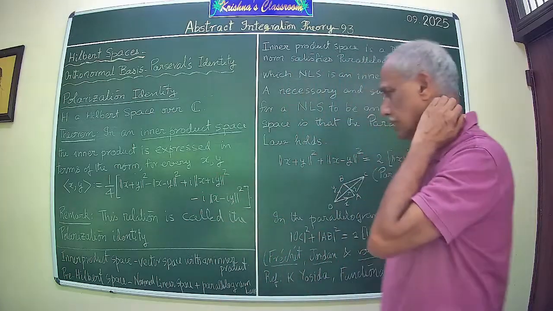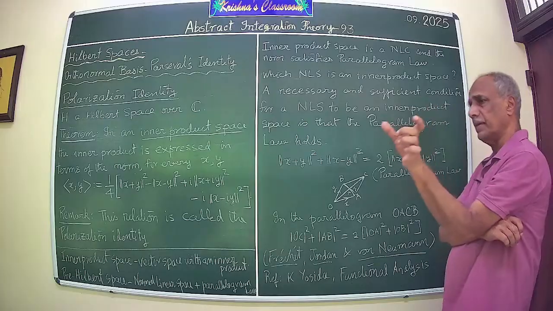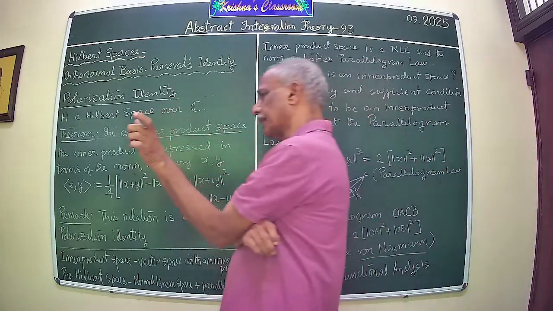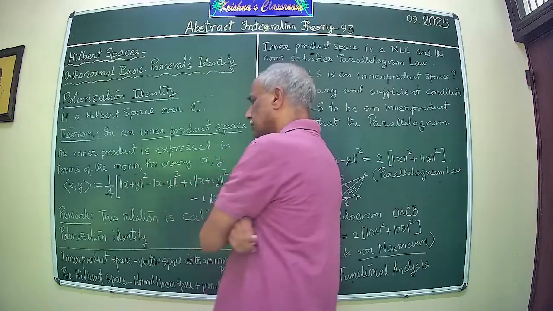So it puts every ordered pair x, y in X with a number.